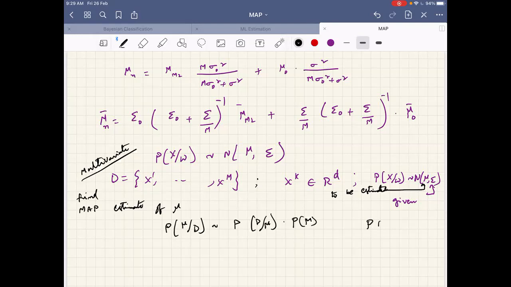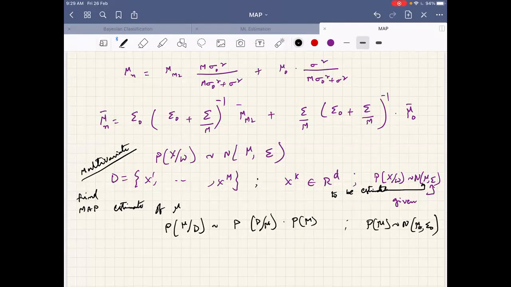And P of mu, the prior probability, since it is a multivariate case, will also be normal, mu naught comma sigma naught. This is the prior probability of the mu given.